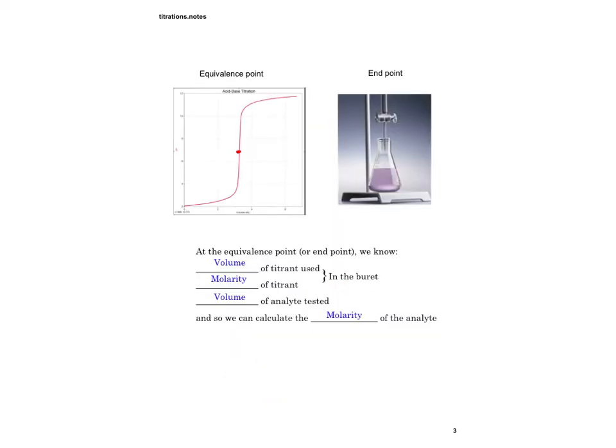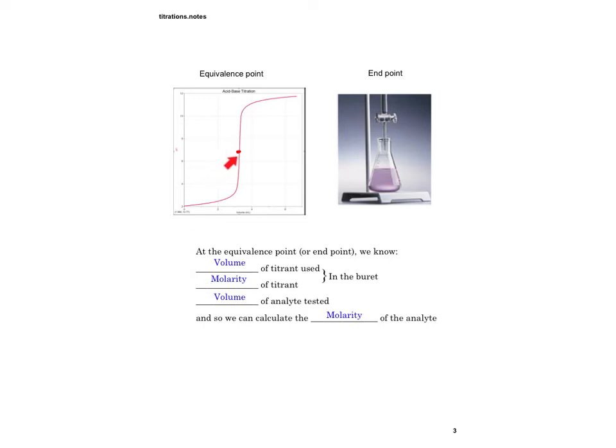At the end of a titration, we know 3 things and we need to figure out the 4th. We know the volume and molarity of the titrant and the volume of the analyte, so we can calculate the molarity of the analyte. Once in a while, we'll know the molarity of the analyte and calculate the molarity of the titrant.